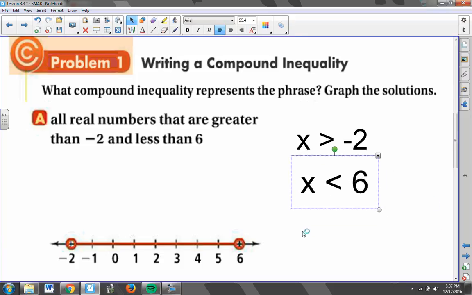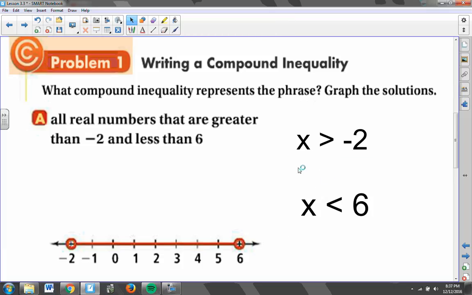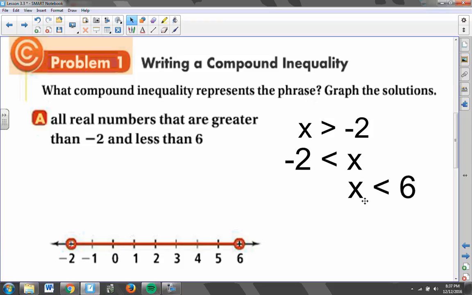I can squish these together quite easily, right? Because I can just flip this one around and say, well, -2 has to then be less than x. These two are the same thing. So now if I put these together, my compound inequality would say -2 is less than x, which is less than 6.